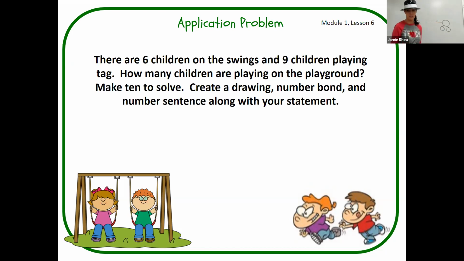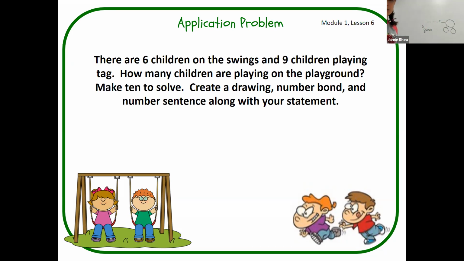All right, okay. Let's go back and look for some clues, shall we? There are 6 children on the swings. I know there's 6 on the swing, so I'm gonna draw 6. I'm going to do it a 5-group way, okay? 1, 2, 3, 4, 5, 6. There's my 6 on the swing. I put an S for swing, okay? Let's zoom in a little bit closer so you can see it a little better.